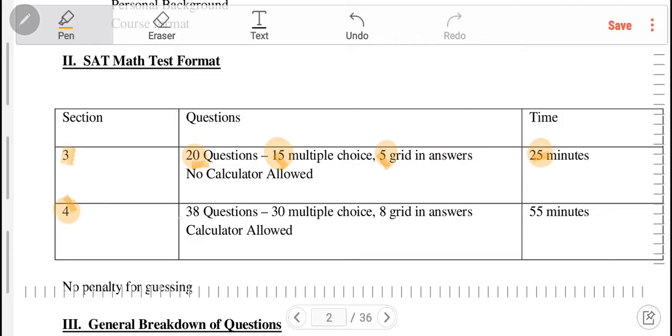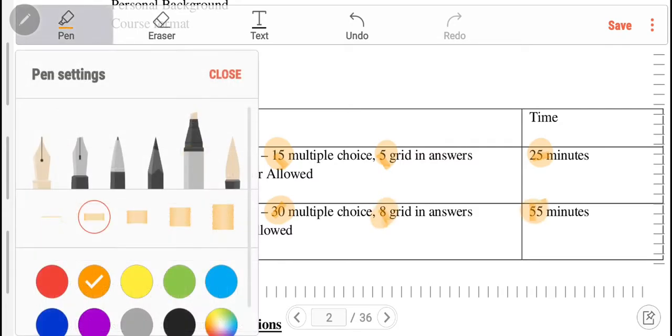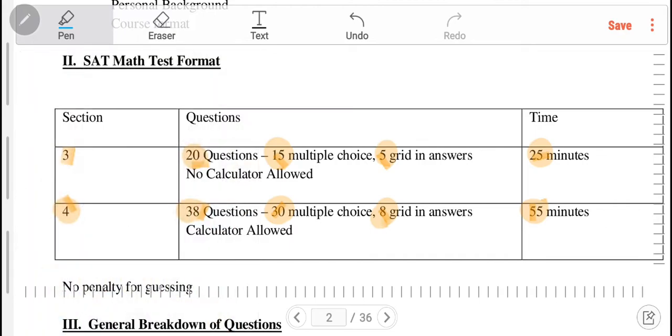Section 4 contains 38 questions, 30 multiple choice and 8 grid-ins, in 55 minutes. Don't forget that section 3 is without a calculator, and section 4 allows a calculator. Don't forget again that there is no penalty for guessing.